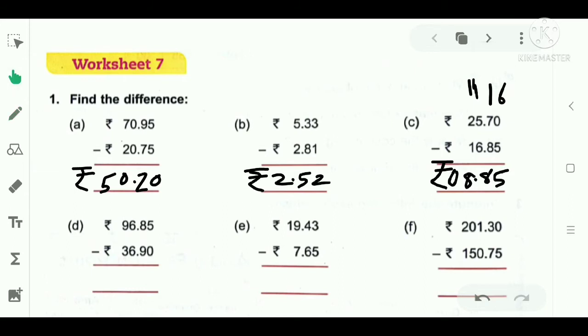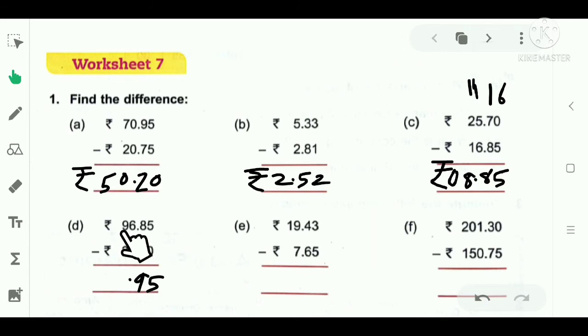Now next question. D part. 96 rupees 85 paise, 36 rupees 90 paise. Subtract this 0 from 5. So it is 5 minus 0 is 5. Subtract 9 from 8. We can't subtract. Take borrow. It becomes 18. 18 minus 9 is 9. Then point. Now students, before point 5 left here.